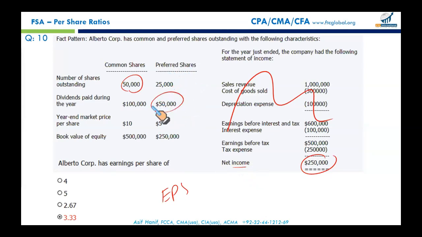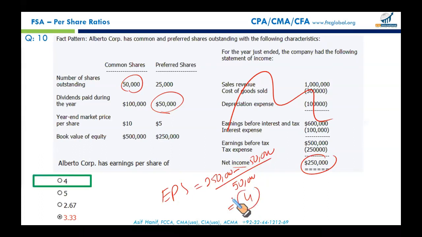Dividend paid during the year is 50, which means if you want to find income available to the common stockholders, it has to be calculated by taking net income minus preferred stock dividend, divided by the common stock in issue. There you go. So 250 less 50, 200, 1,000 upon 50,000, a nice rounded whole number of $4 basic earning per share, and that perfectly matches with your option A.